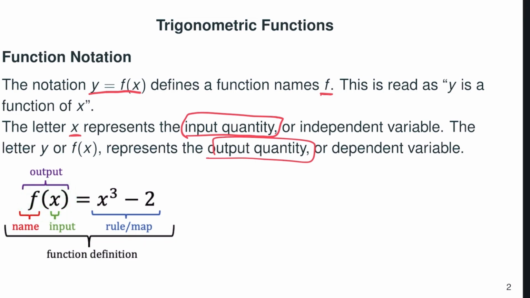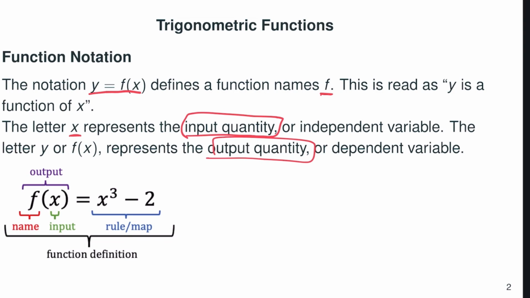But how do we actually evaluate that output? We use this rule or map, in this case the equation x to the third minus 2. If I plug in x equals 1, I get 1 to the third minus 2, which gives me negative 1. Negative 1 is the output value for input value x equals 1. This entire thing is what we refer to as a specific function definition.